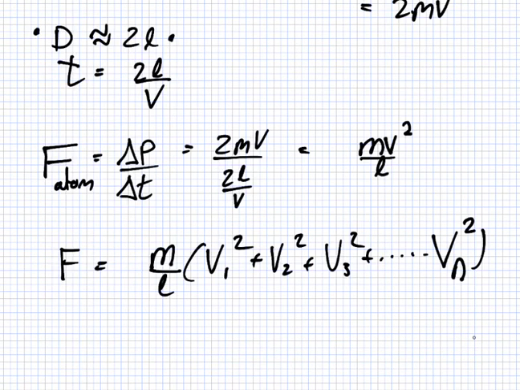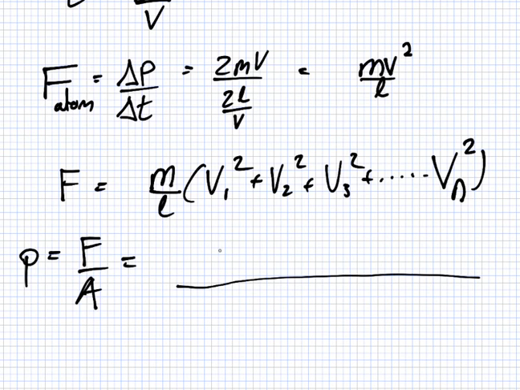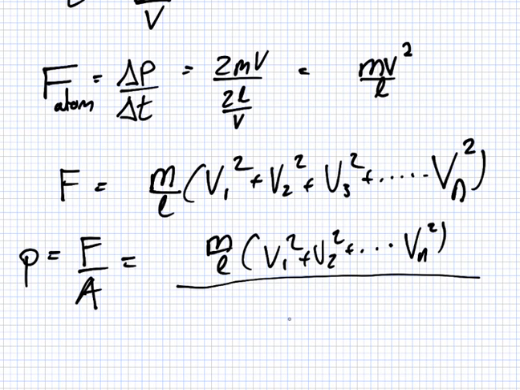Okay. Now what's the formula for pressure? Force over area. Okay. So that would be here, if I was to use this, m over L, V1 squared plus V2 squared, etc., all the way to Vn squared, all over, and the area here for the surface it hits is just L squared.